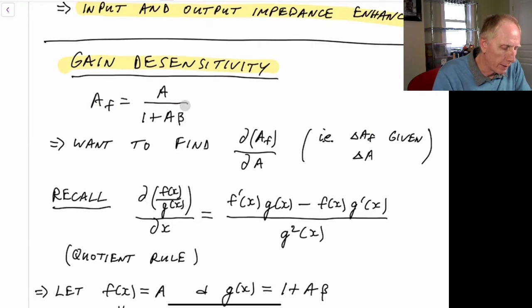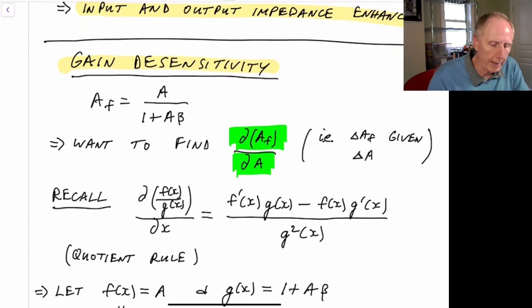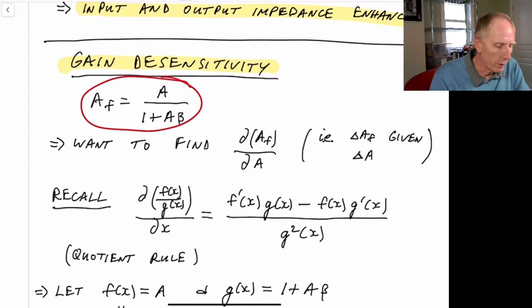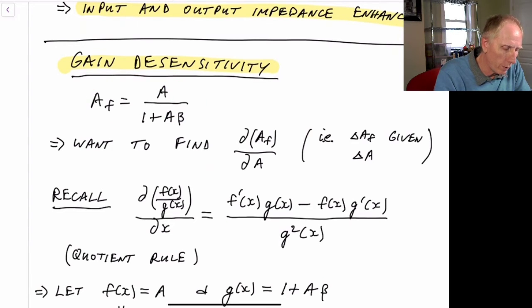We would like to find the derivative of the closed loop gain as we change the amplifier gain A. So we would like to find the delta closed loop gain given that the amplifier gain changes by delta A. To do that, we can just take the derivative of this formula. But if you notice, there's an A in the numerator and an A in the denominator.